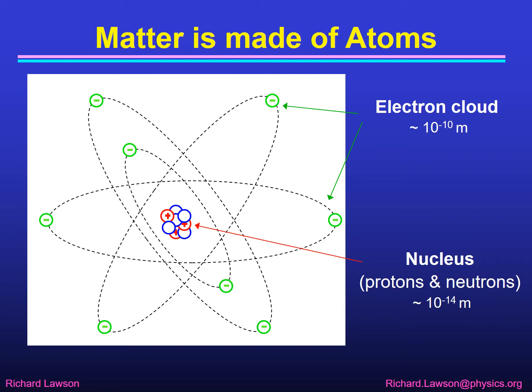Now, all matter is made up of atoms, and we used to think that atoms were indivisible, they couldn't be divided down any further, but nowadays we realise that atoms are made up of protons and neutrons and electrons. At the centre of each atom is the nucleus containing protons and neutrons, and surrounding it there is a cloud of electrons.